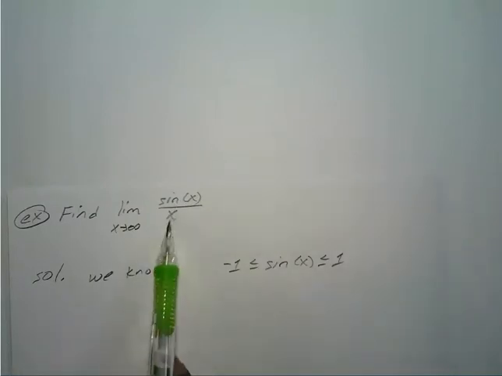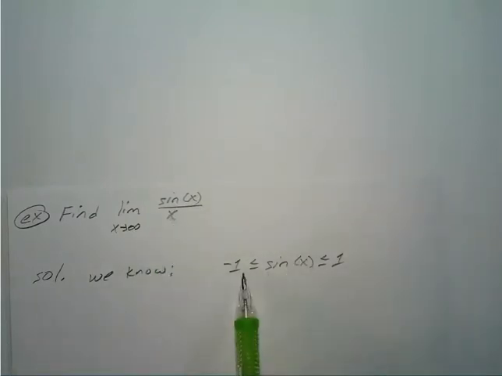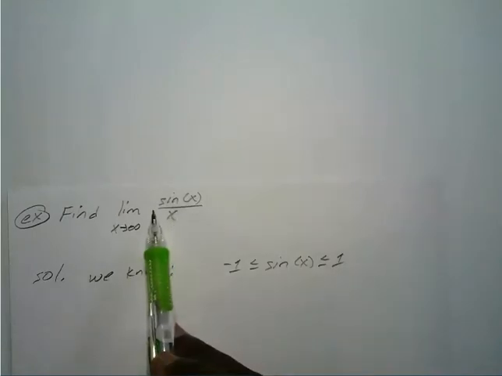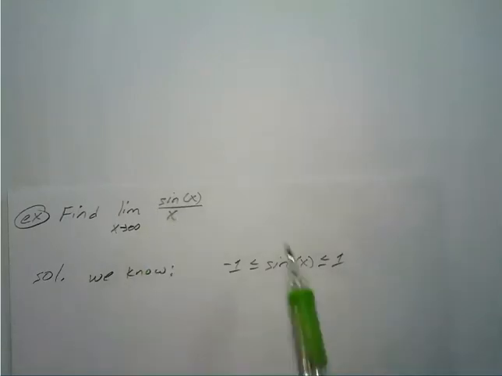If you had cosine of x, you'd start off with cosine between -1 and 1, then you divide by this. Even if it was x squared, you divide it by x squared. Or if it was multiplied by another value, then you'd multiply by that value. It works the same way.